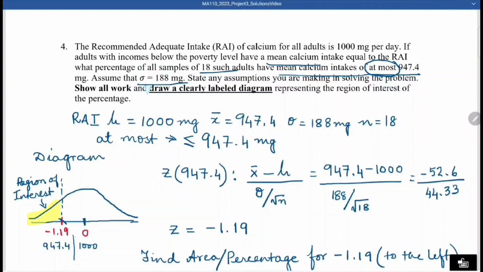Assume that the population standard deviation sigma is 188 milligrams. State any assumptions you're making in solving the problems, show all work, and draw a clearly labeled diagram representing the region of interest of the percentage.